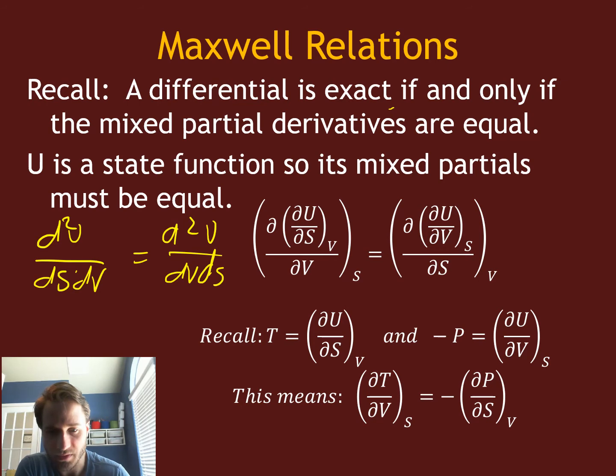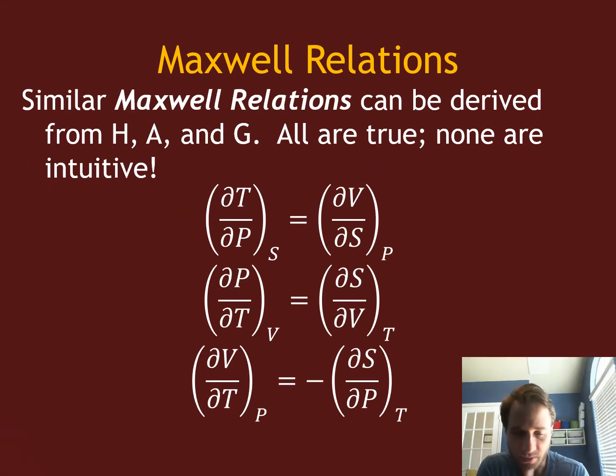The order of these derivatives doesn't matter, okay? But using the fact that ∂U/∂S is T and ∂U/∂V is minus P, we get this relationship that the partial derivative of temperature with respect to volume at constant entropy equals minus the partial derivative of pressure with respect to entropy at constant volume. These relationships, as well as a few others, are referred to as the Maxwell relations.